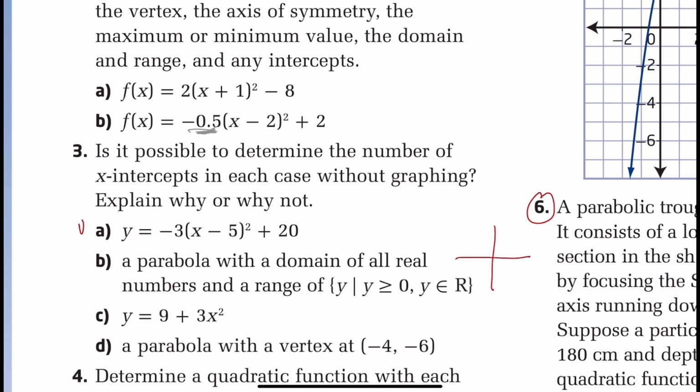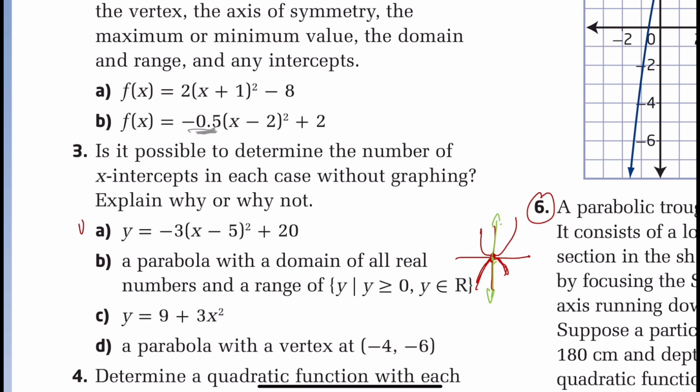So I don't care if it is going up or going down, but it touches the x-axis in just 1 point, because my range is starting from 0 upward or downward.